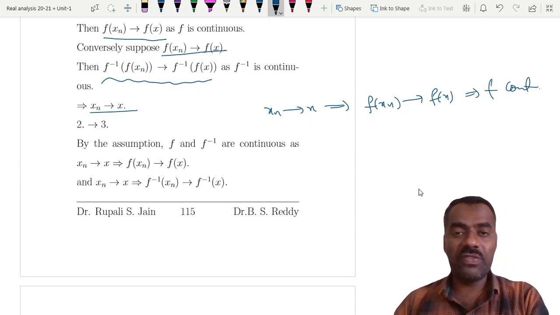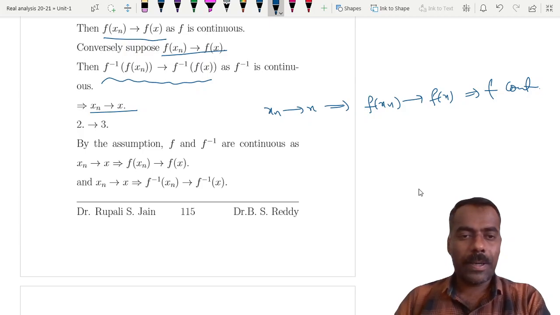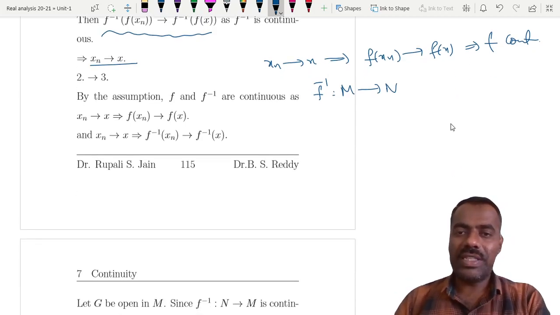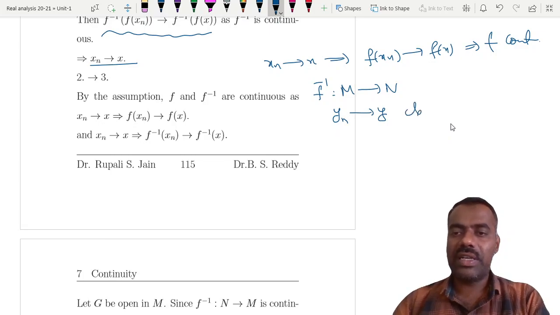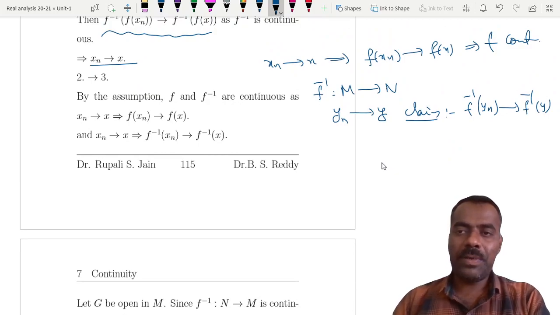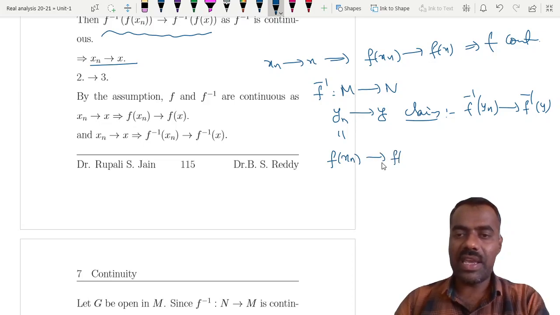But to show f inverse is continuous, note that f inverse is a map from N to M. So take a sequence y_n converging to y. Our claim is that f inverse of y_n converges to f inverse of y. Because this map is bijective, the y_n can be written as f of x_n, and y can be written as f of x.